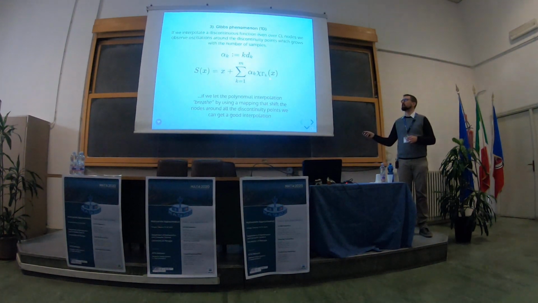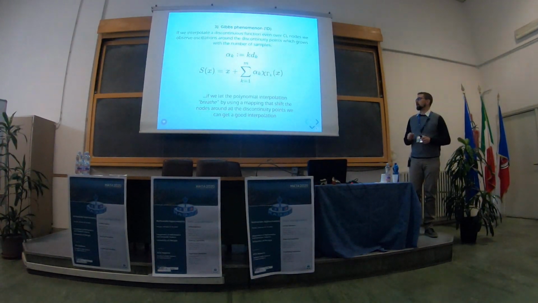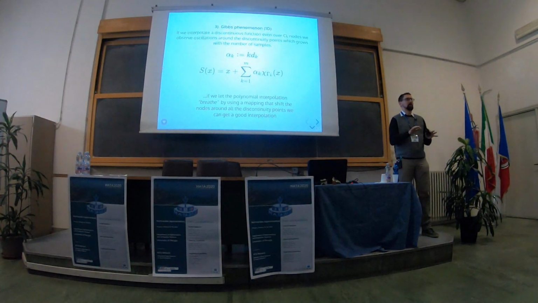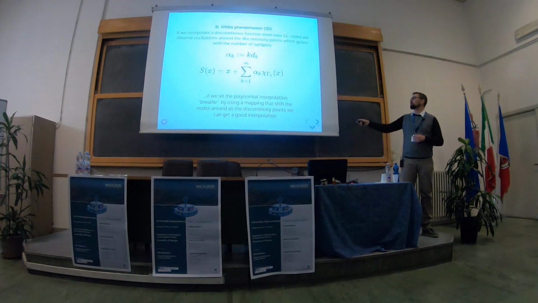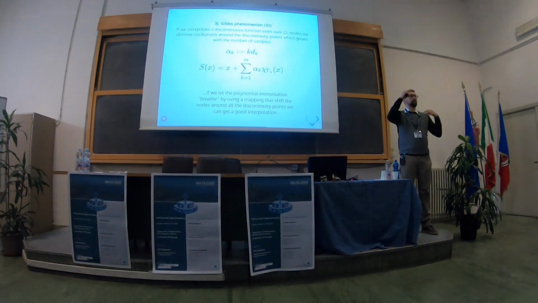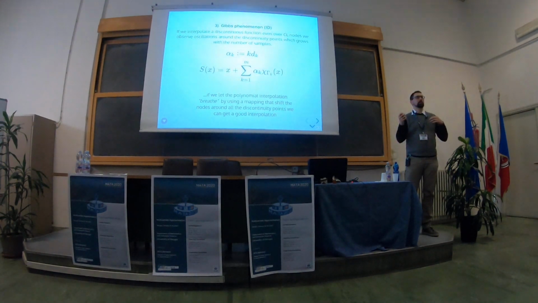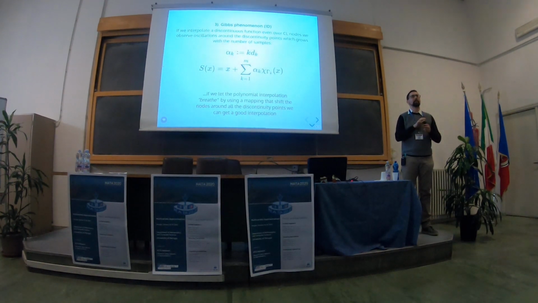So we map like this. We simply shift the nodes around the discontinuity points. So we add more and more and more. Here d_k is the magnitude of the jump, so the value before and after the discontinuity. So the higher the jump, the bigger the shift.